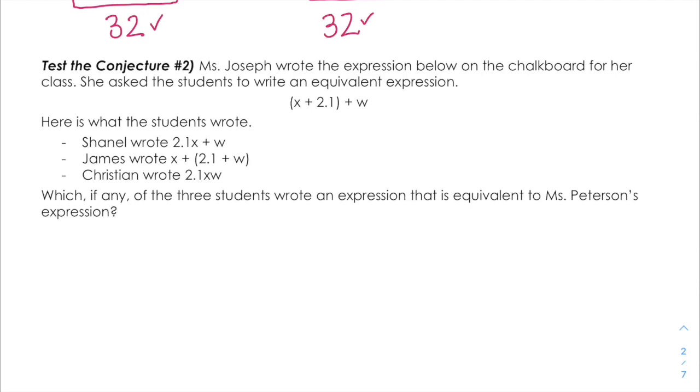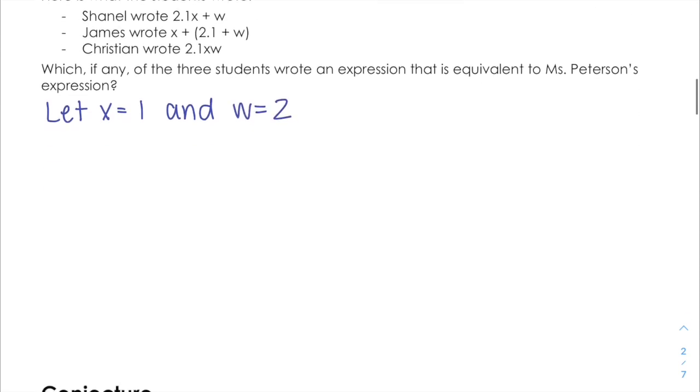So again, we are going to use substitution. So in this case, let's let x equal 1, and we have a second variable this time, so we have to pick a value for w as well. So let's pick 2. Now we have to substitute these values in for 3 different expressions. We have Chanel, who says 2.1x plus w.